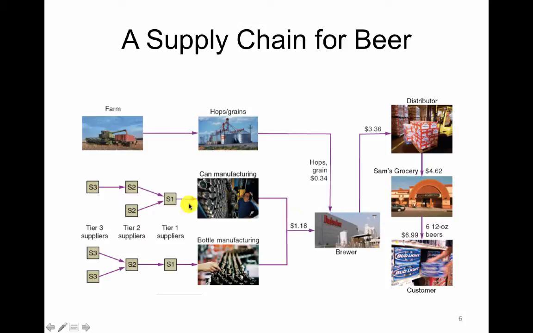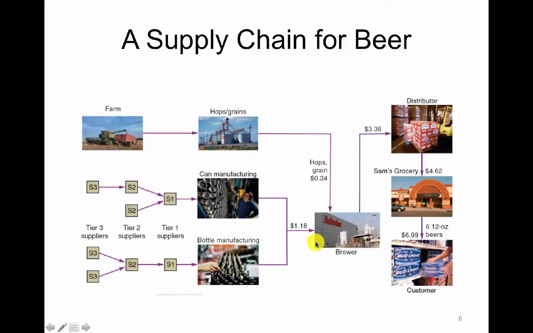But then you also have these other suppliers that give parts or product to the can manufacturer for this brewery, Budweiser. And then that in turn goes to the brewer. And down here you also have bottles, because Budweiser uses cans and bottles. So you have suppliers that ultimately impact the bottles. Maybe it's the labeler, maybe it's the bottle itself.